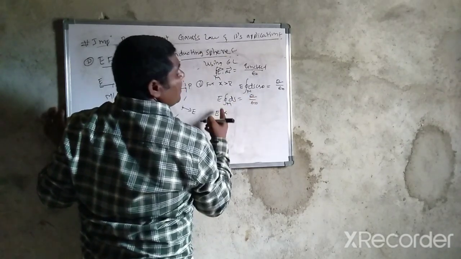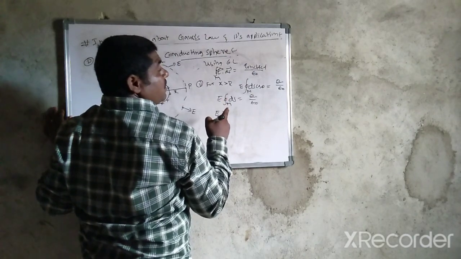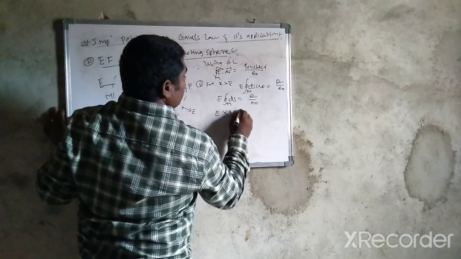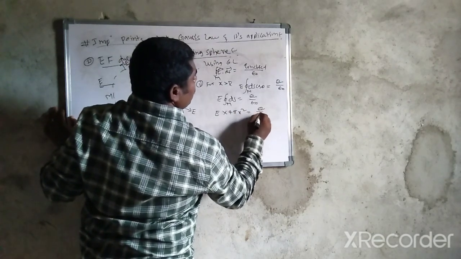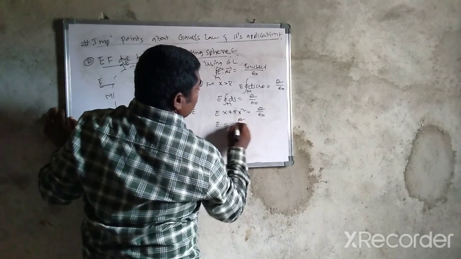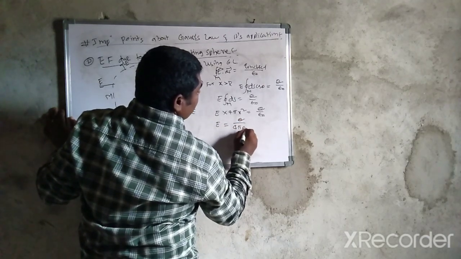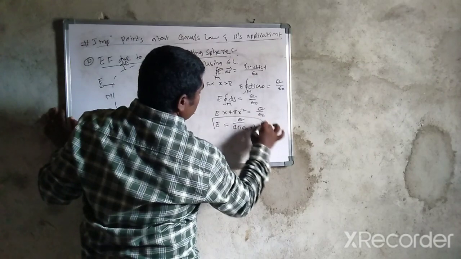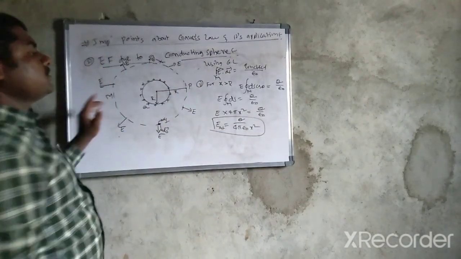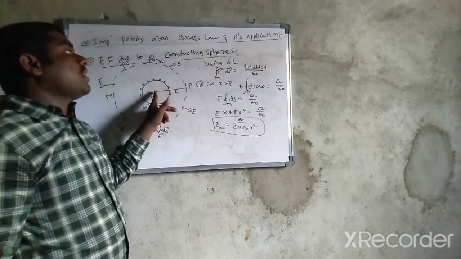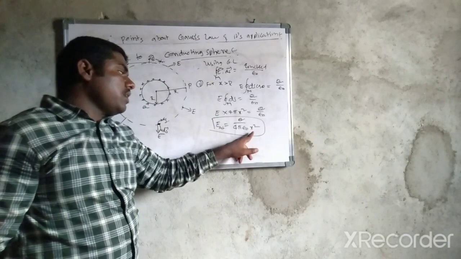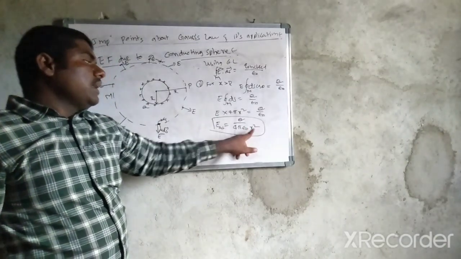The closed integral of ds is the area of the sphere, 4 pi x square, so E is equal to Q divided by 4 pi epsilon naught x square. This is the electric field outside the conducting sphere.